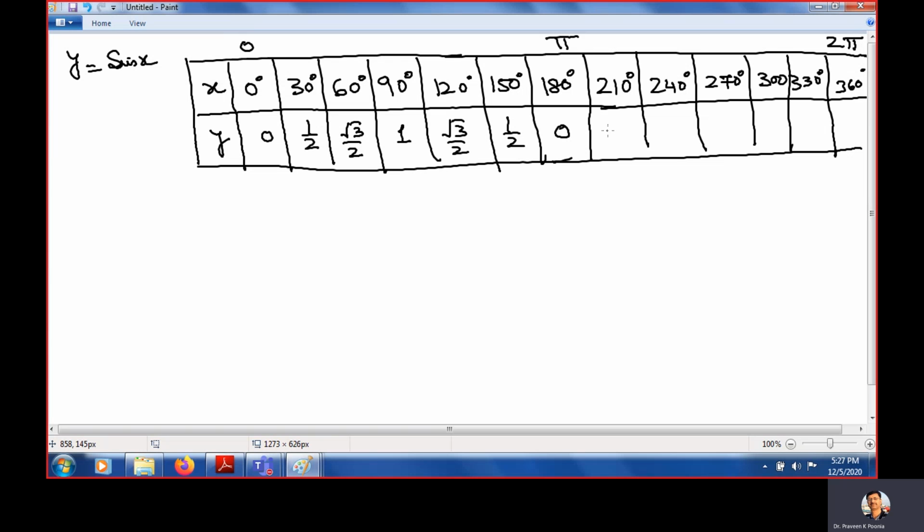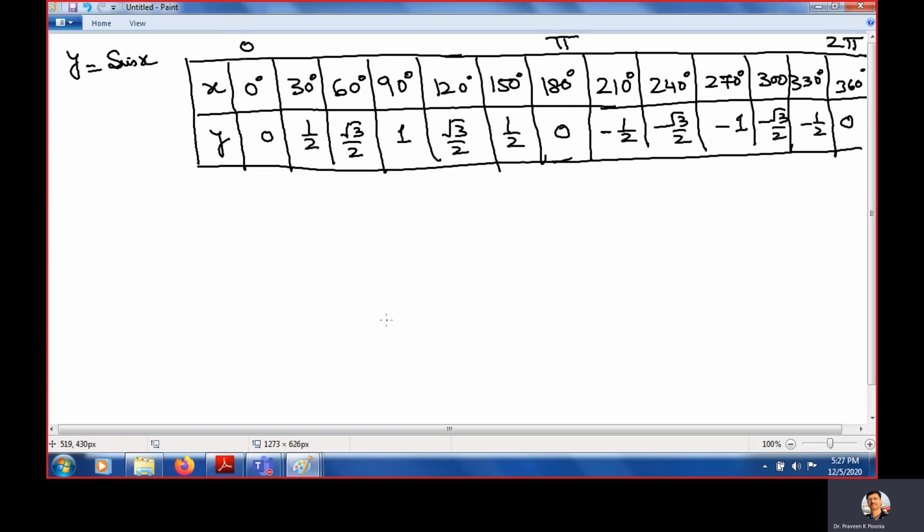Sine 210 will be negative definitely because it is the third quadrant. Third quadrant means sine is negative. Now all values will be negative. Sine of 180 plus 30 is minus 1 upon 2, minus root 3 upon 2, minus 1, minus root 3 upon 2, minus 1 upon 2, and sine 2 pi is 0.